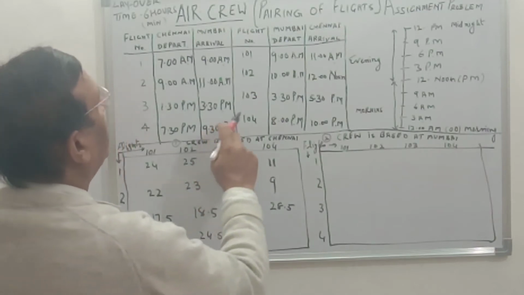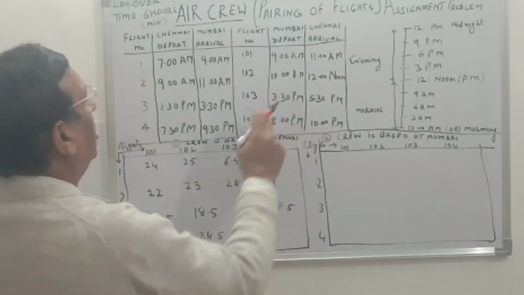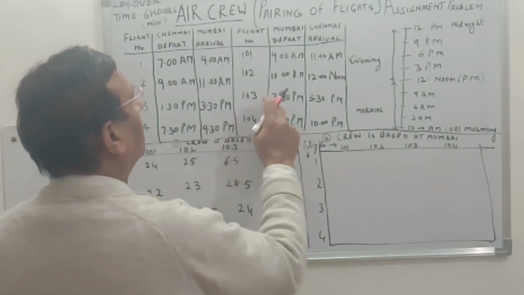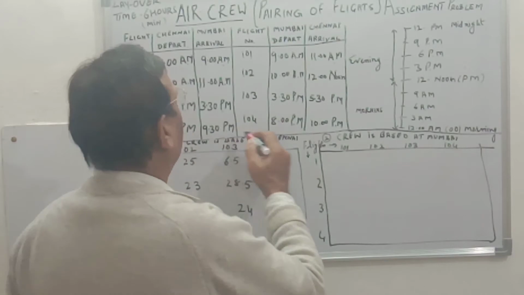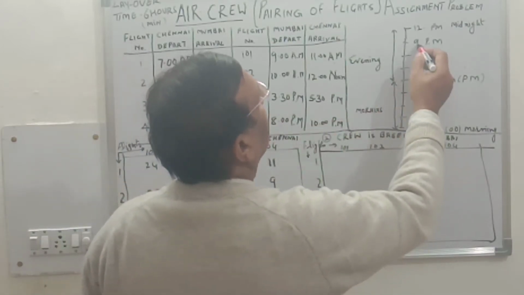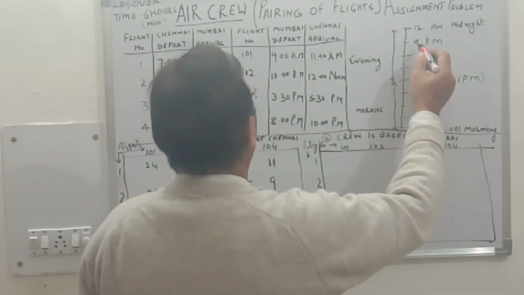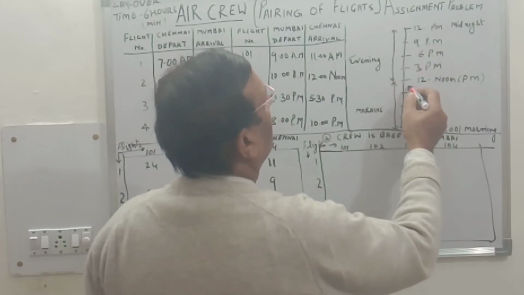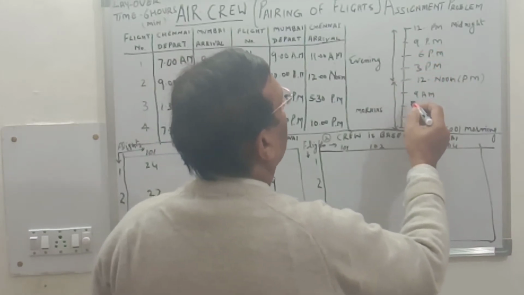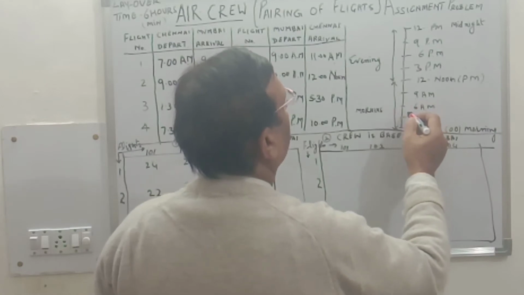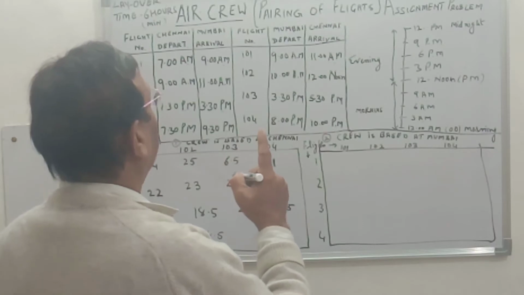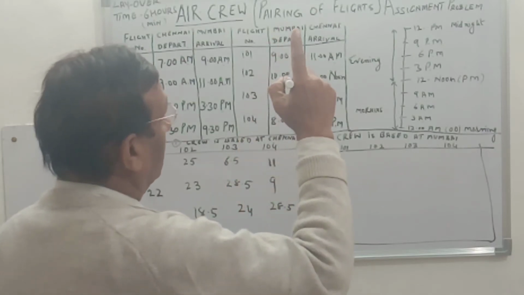Then 9:30 p.m. to 3:30 p.m. You can calculate: 9:30 to 3, 3, 6, 9, 12, 12, 15, 18. 9:30 p.m., then it reaches first at noon.